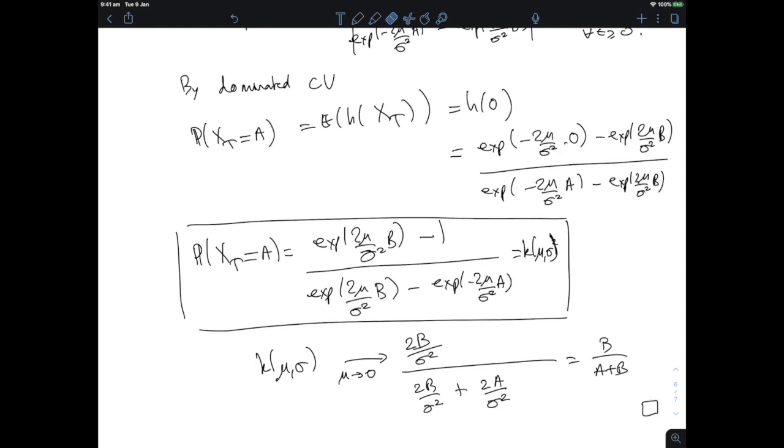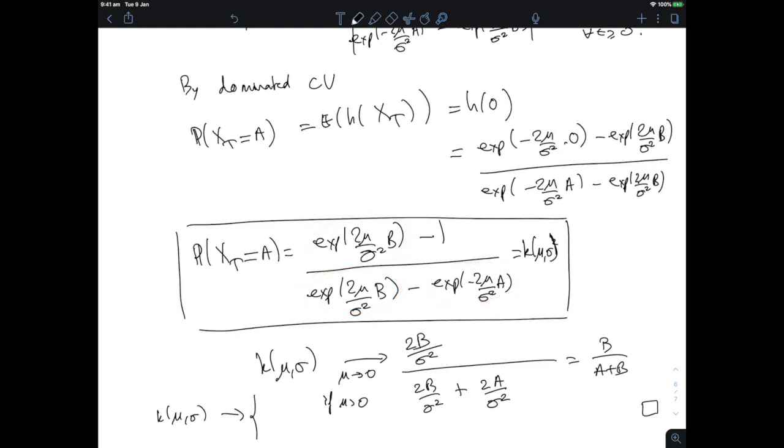Now, in the same way we could send sigma to 0, and then what do we get? We get that k of mu, sigma tends to, that depends a bit on mu. If mu is positive, then as sigma goes to 0, this term goes to infinity and this term goes to 0.